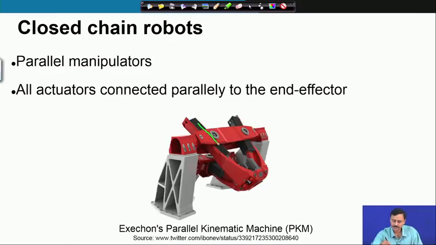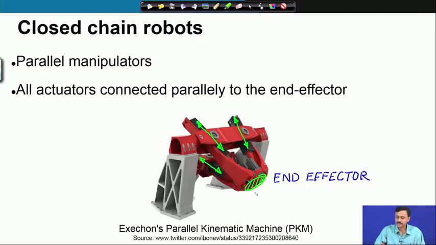Here you can see this is one actuator, this is the second actuator, and underneath this is the third actuator, and all these actuators are connected to the end effector, where the machining tool or the gripper will be connected.